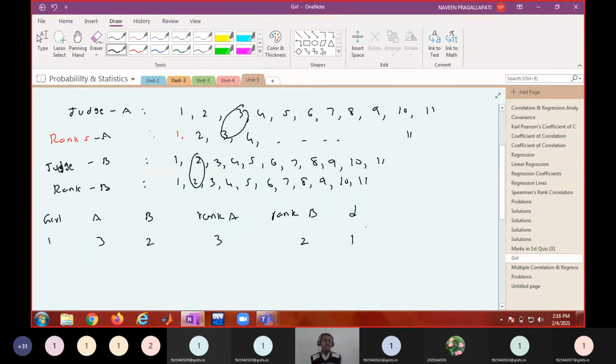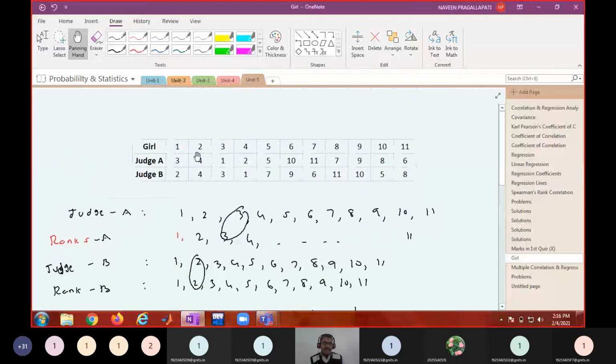You didn't get 0. Do you follow? This is corresponding to each girl. Don't take the differences of these ranks. These ranks are to be assigned to the corresponding girl. What is the deviation for the first girl? 1. Deviation for the second girl is 0. Deviation for the third girl is -2.